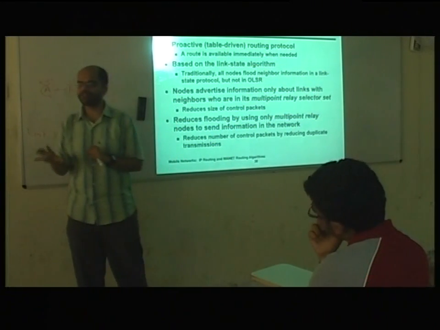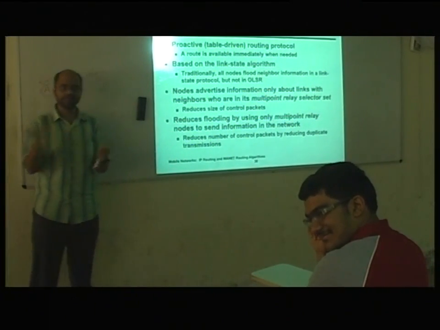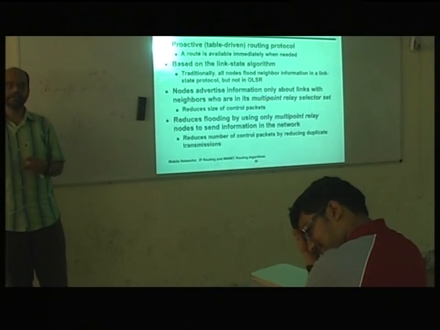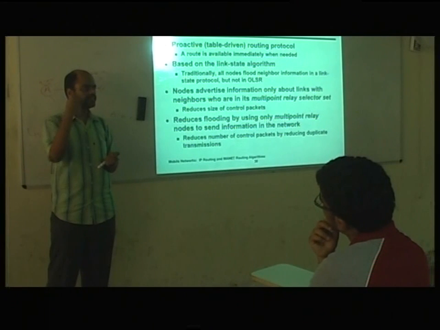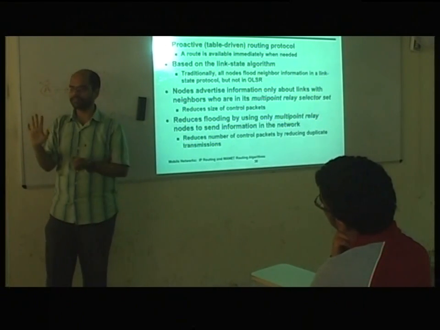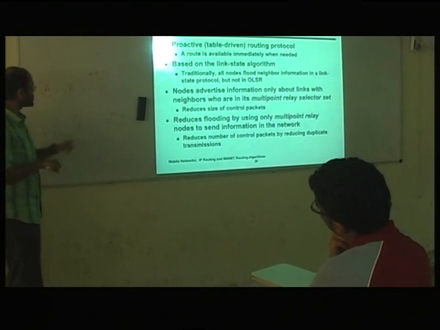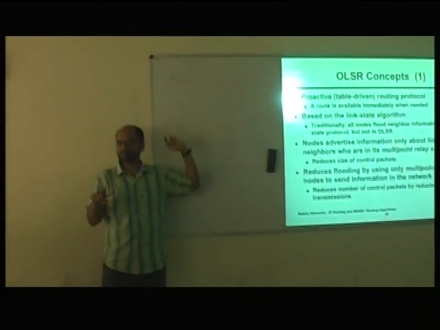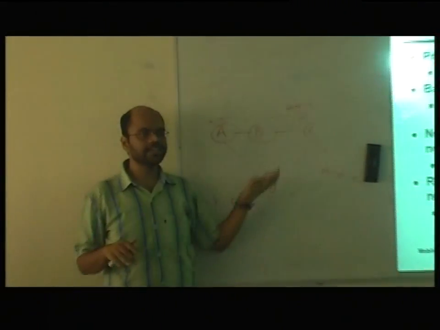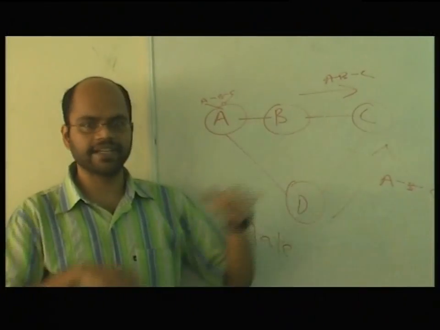So the idea of what we have done here, and this is common in all democracies, is that we identify some representatives and only they will talk to the higher order. So if we say that B is designated to send information about the network on this side to C, and I am not saying how we select B as a designator, that's something different.